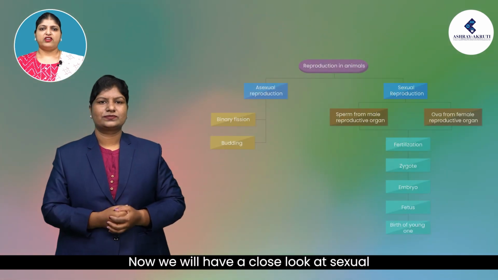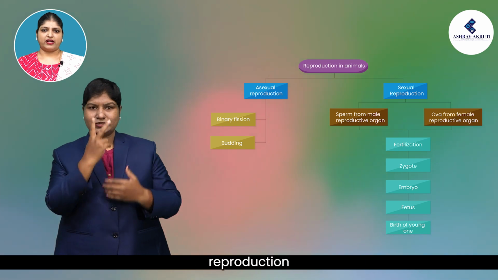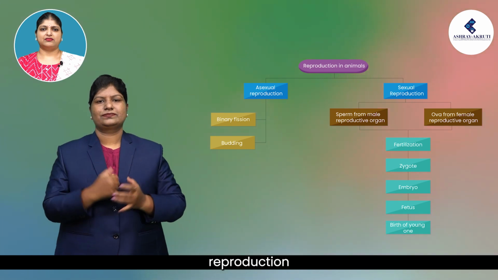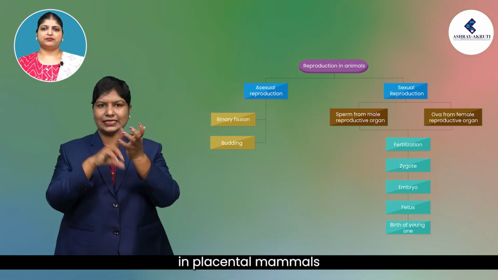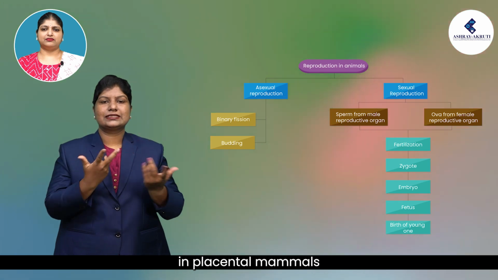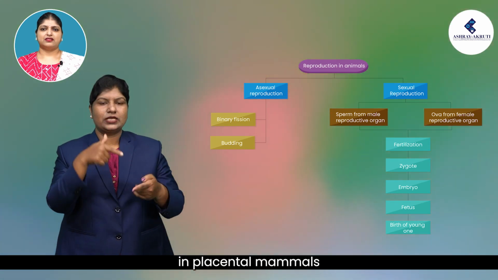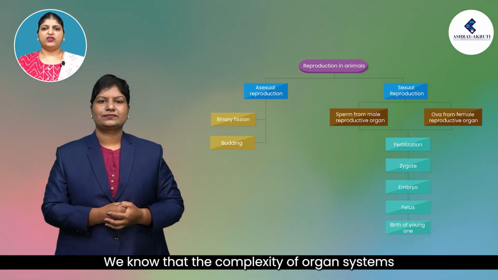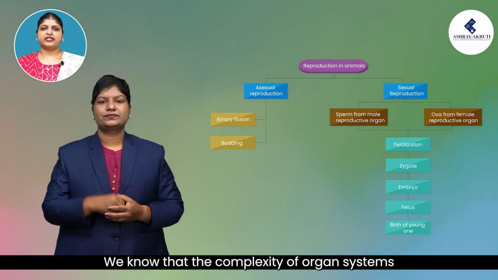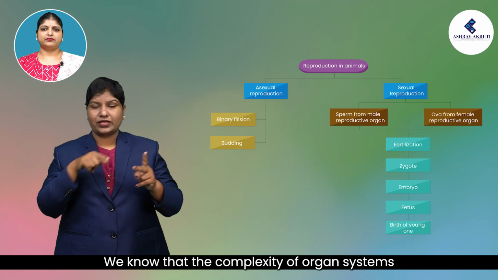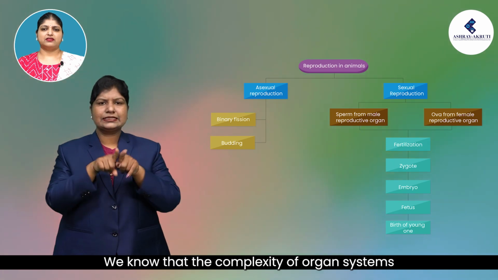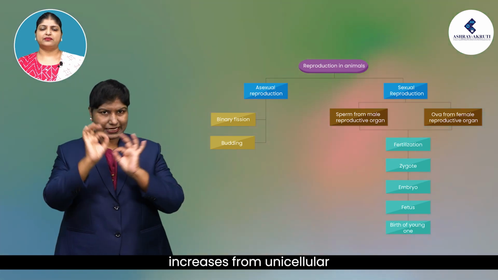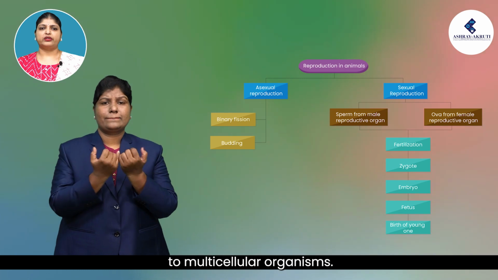Now, we will have a close look at sexual reproduction in placental mammals, such as humans. We know that the complexity of organ systems increases from unicellular to multicellular organisms.